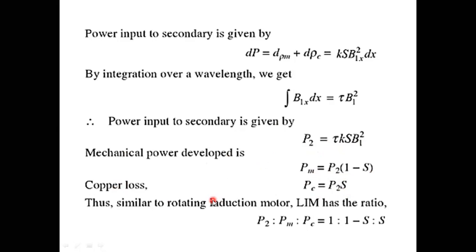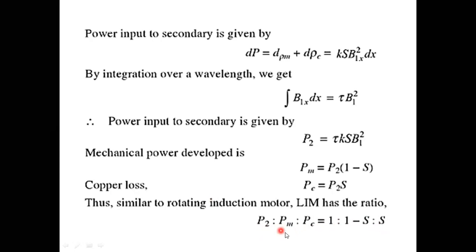Here, what we observed in the rotating induction motor, the same we consider in the linear induction motor as the ratio. If P2 is the rotor input, PM the mechanical power developed, and Pc the copper losses, we consider the ratio as 1 is to (1 minus S) is to S. These values are obtained by dividing with respect to the rotor input P2.